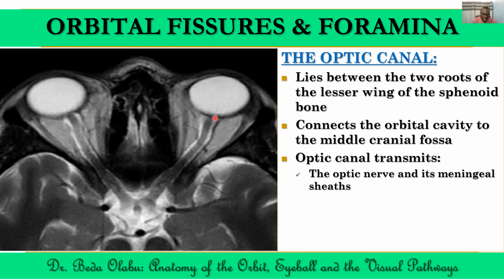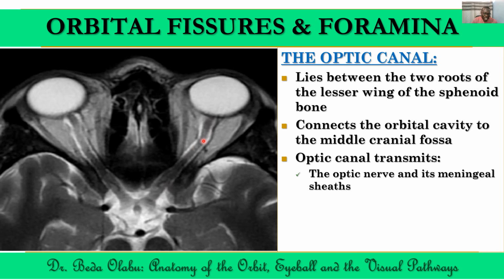This hyperintense signal, hyperintense here means that it's bright, using this MRI image, represents fluid around the optic nerve, telling you that this is CSF, which means that there's some subarachnoid space going through. So that's the meningeal sheath that surrounds the optic nerve.